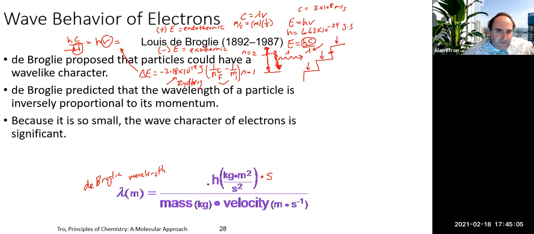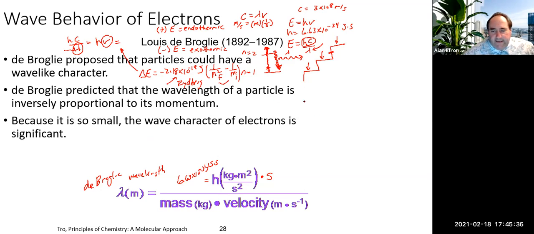And it is H, which is our Planck's constant, 6.63 times 10 to the minus 34 joules times seconds. The mass here does need to be in kilograms, and the velocity here is in meters per second. So velocity, meters per second, mass in kilograms, and H, which is our Planck's constant.